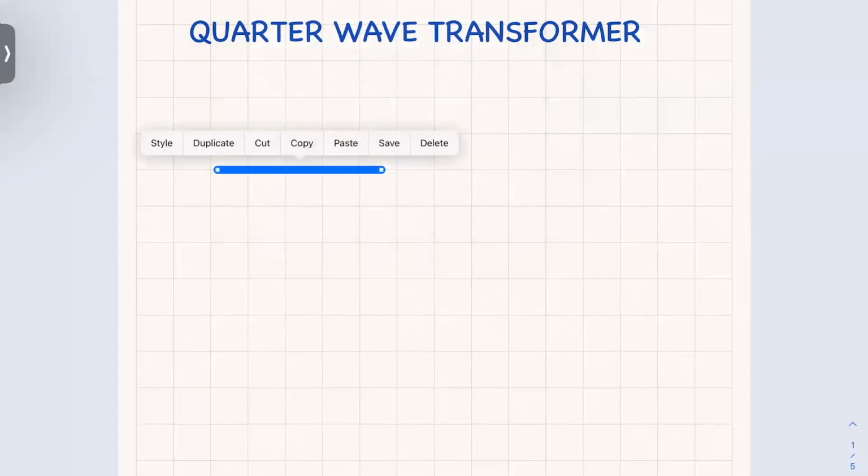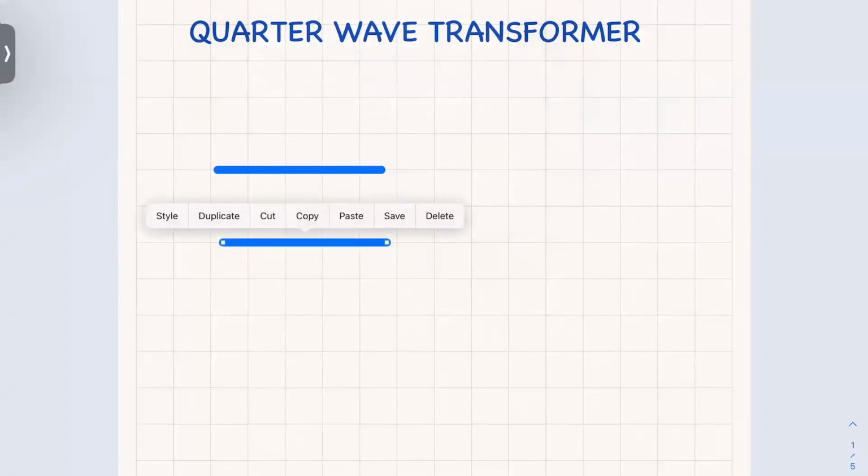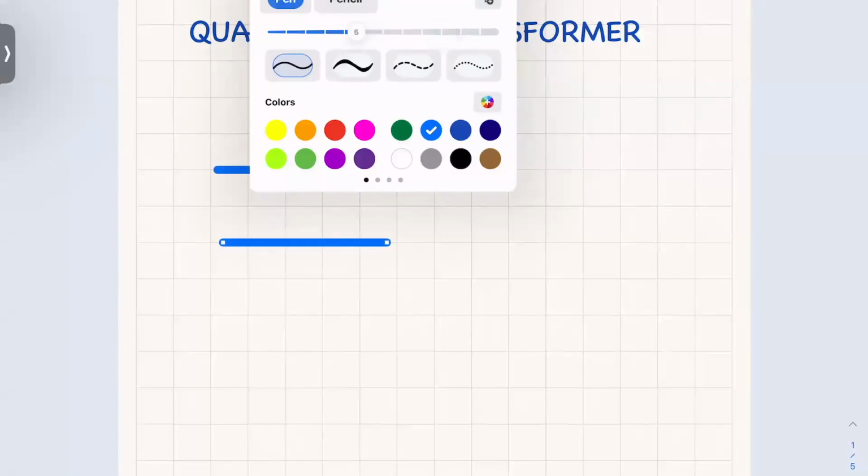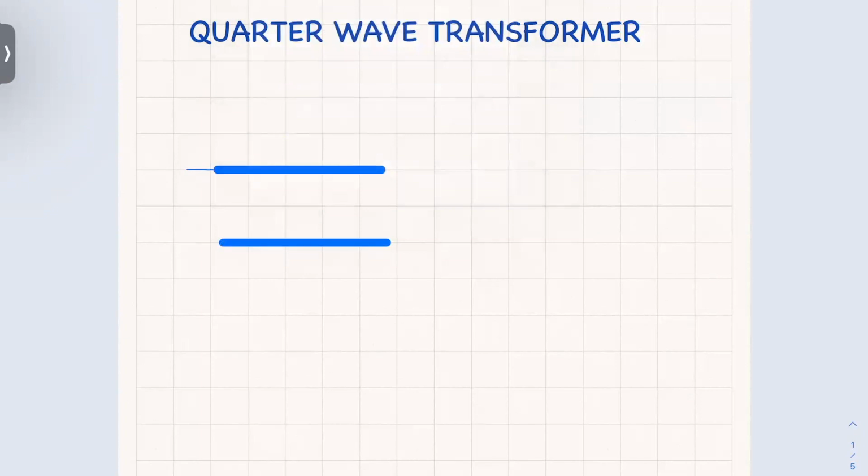And I have a source connected to it. And this line has a characteristic impedance of 50 ohms and has a length.